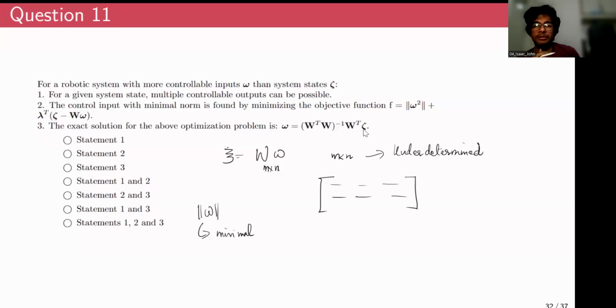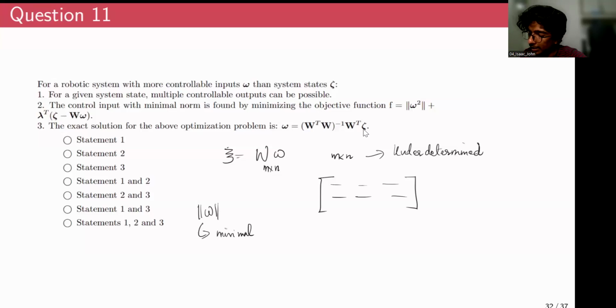Those could still satisfy this constraint, but the norm of this omega vector would be very high, or in effect, the energy spent for realizing that solution would be very high. So minimal norm is analogous to minimal energy spent. That's why we are very interested in the minimal norm solution.